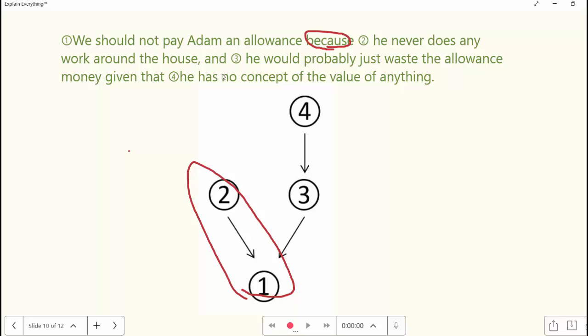Because he never does any work around the house, and so this because, the way that this is structured, and again, it takes some insight to see this, the because is in some sense getting pushed into this and. So it's like saying because 2, he never does any work around the house, and because he would probably just waste the allowance money, given that he has no concept of the value of anything.